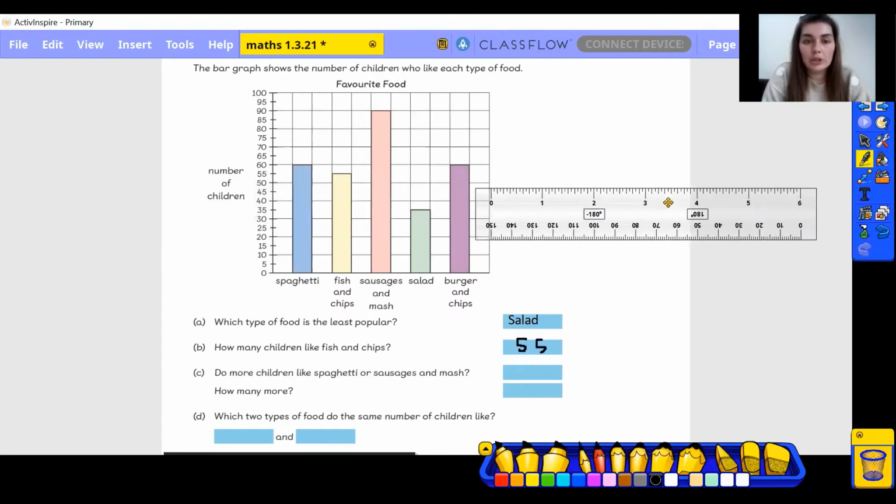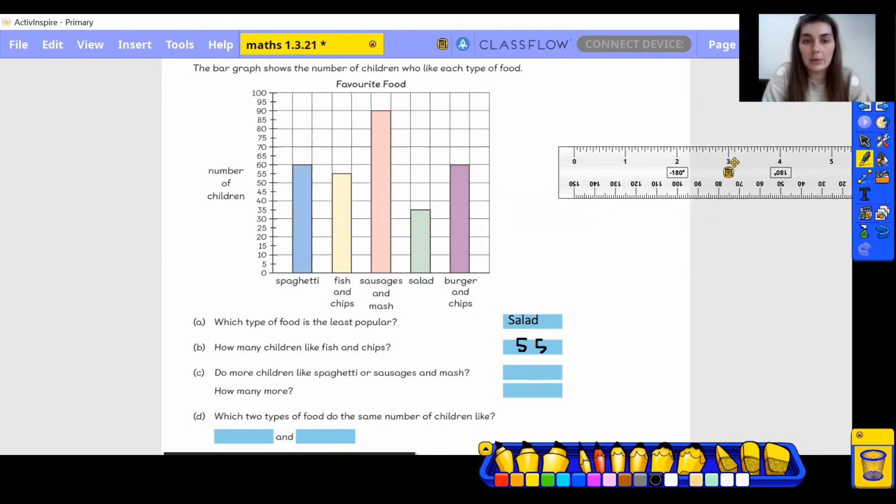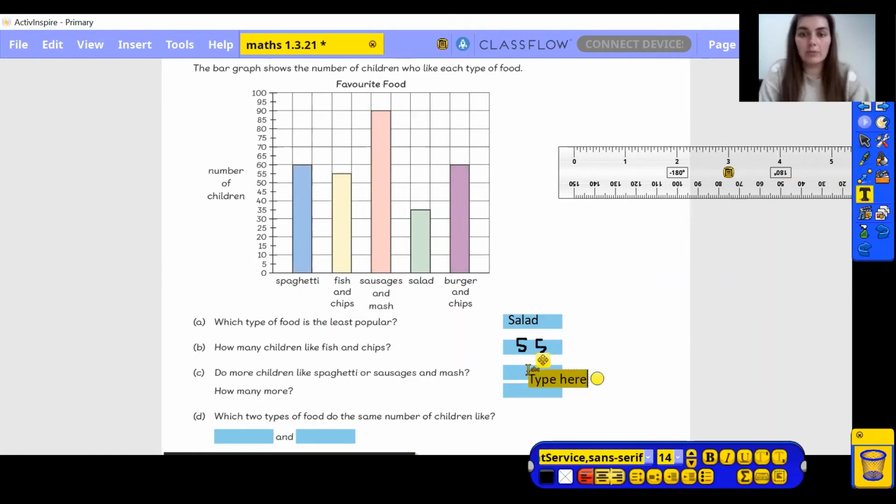Now, do more children like spaghetti or sausage and mash? Well, I can see sausage and mash is very popular. So I'm going to write sausage and mash, and then they want to know how many more children like sausage and mash than spaghetti.